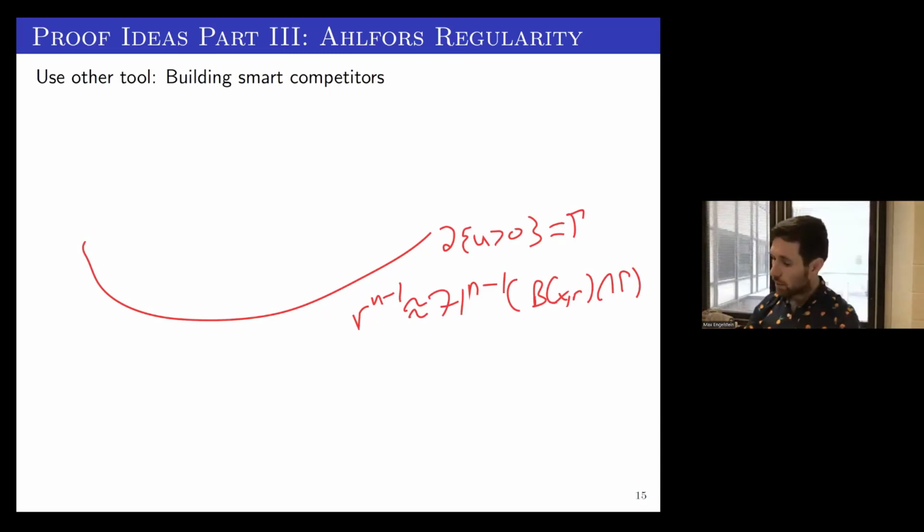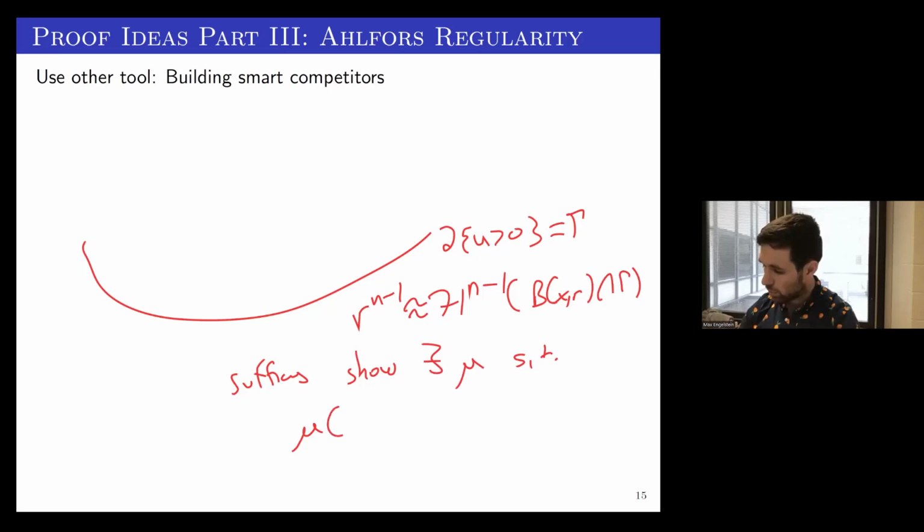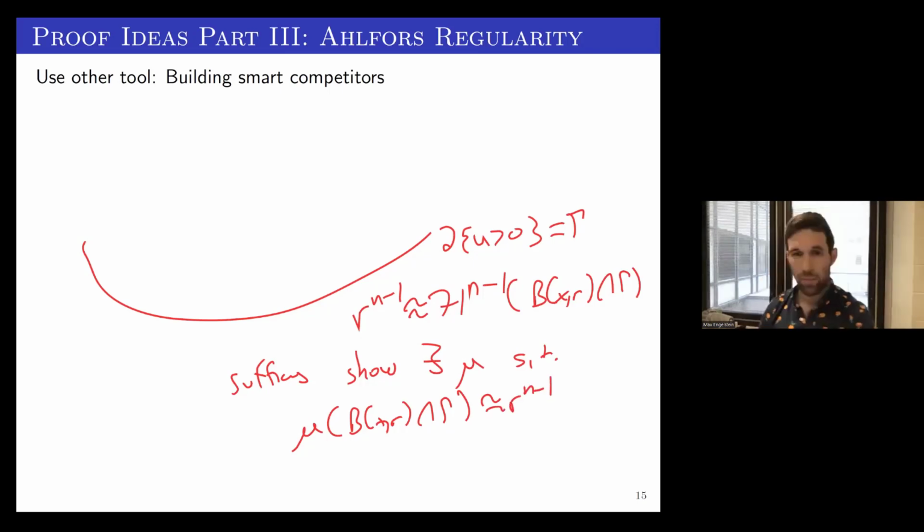But it turns out that it suffices to show that there exists a measure mu such that mu of B(x,r) intersect gamma is roughly r^{n-1}. You don't necessarily need it to be surface measure in order to show this Ahlfors regularity.